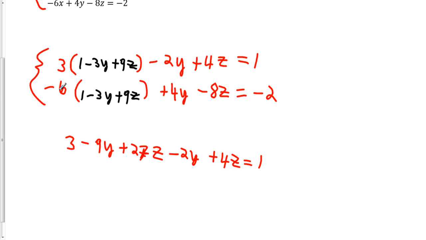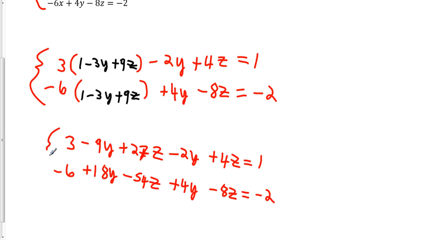And I'm going to distribute the negative 6 too, so I'll get negative 6 plus 18y. What's that going to be? That's going to be a minus 54z, and then we have a plus 4y, and a minus 8z, and this is equal to negative 2.